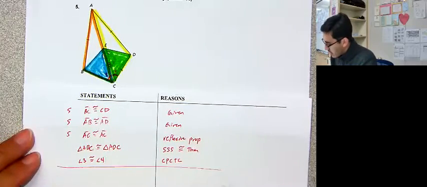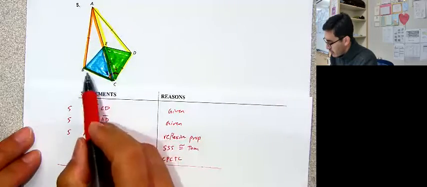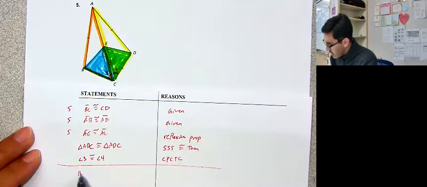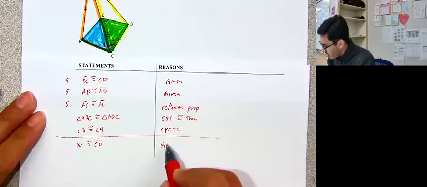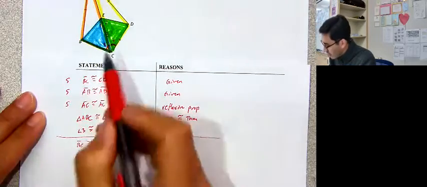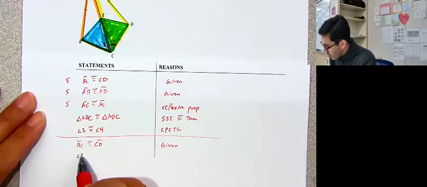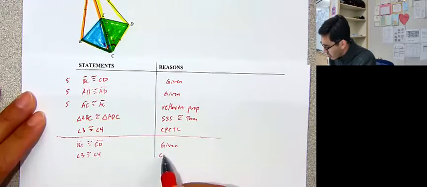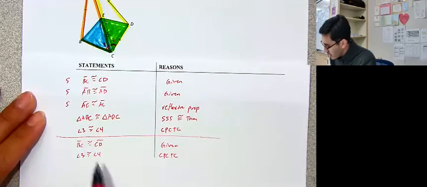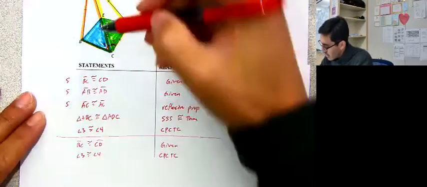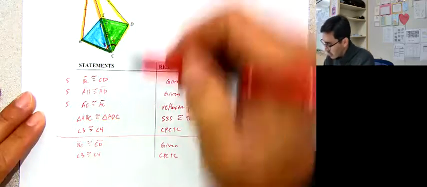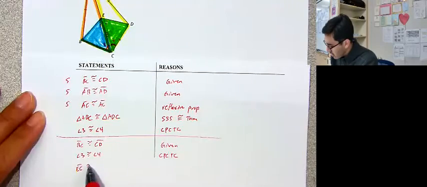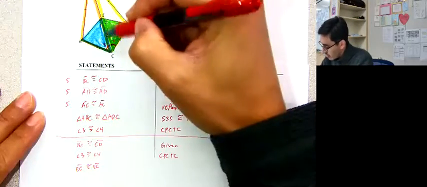Let's write that as a separate proof. We'll start with the side BC and CD. BC is congruent to CD, and those marks are already given. Then angle 3 is congruent to angle 4, and that was because of CPCTC. I'm just repeating that previous statement. And then the other side, EC in the blue triangle and EC in the green triangle, are congruent.